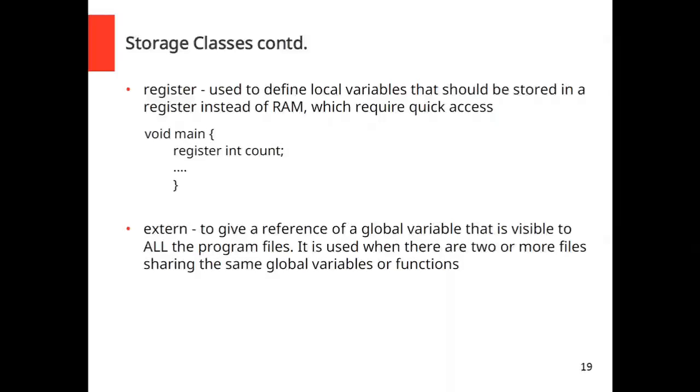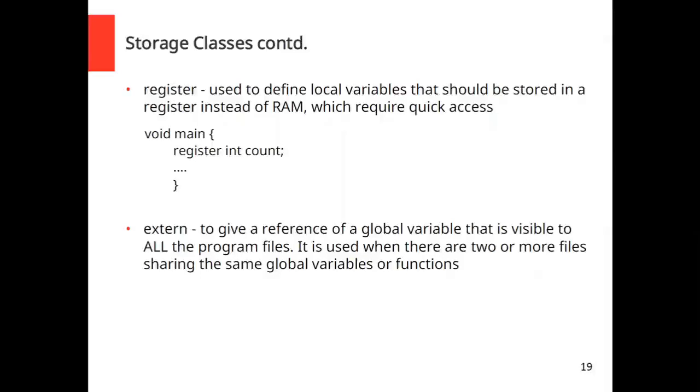The keyword used is register. Before the data type we have to say register, then int, then the variable name. Register does not mean that the variable will always be stored in a register. It might be stored in a register depending on the implementation.